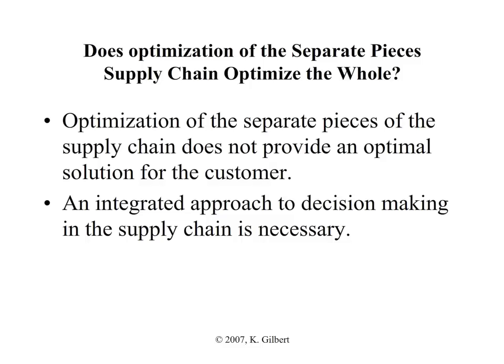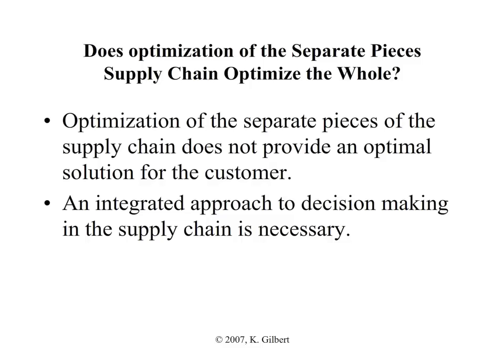On the other hand, if you're the retailer, and maybe you do a very good job of optimizing your operations, but if your upstream suppliers can't respond to your orders quickly, then that's still going to result in large swings in orders and inventories and so forth.